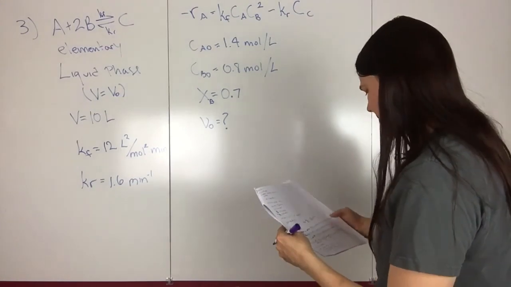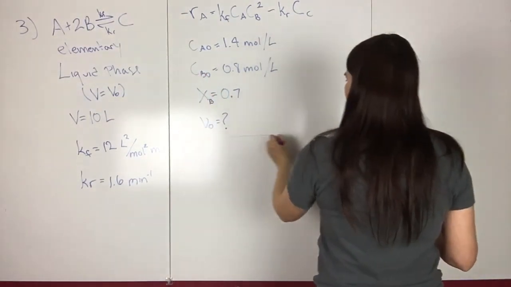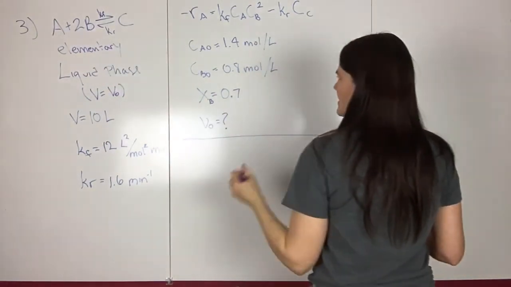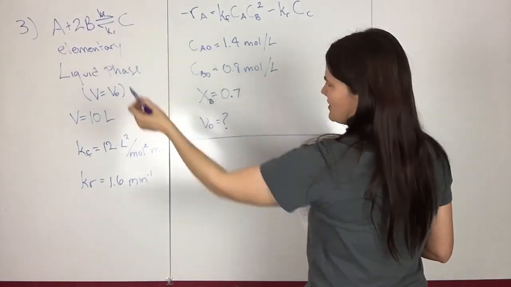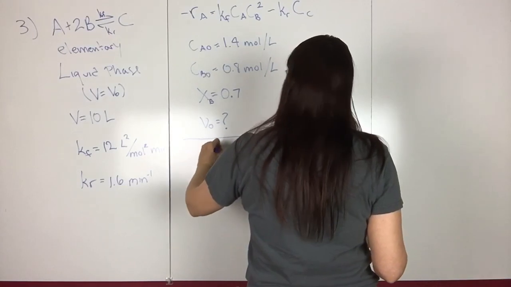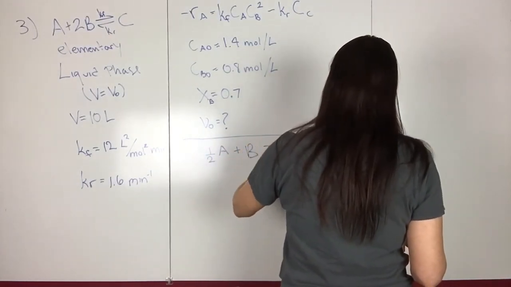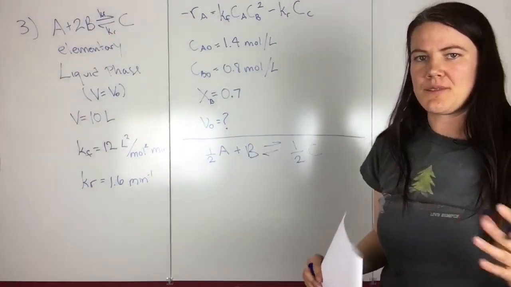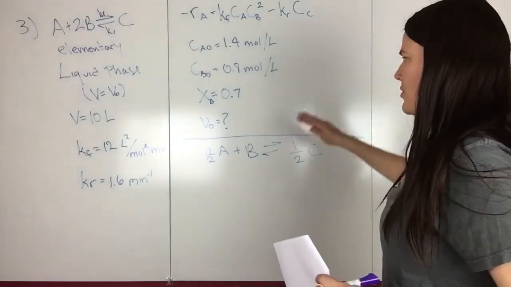So since B is our basis, I'm going to rewrite this equation. So I want to divide everything by 2. So I have 1/2 A plus B to 1/2 C. Alright, so I'm going to approach this problem the same way that I always approach these problems.